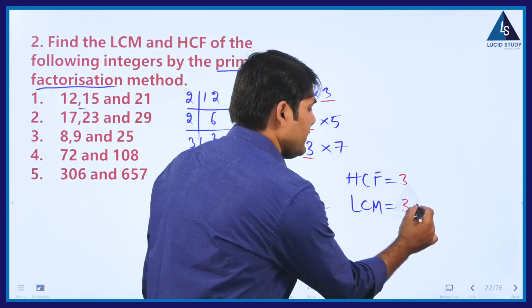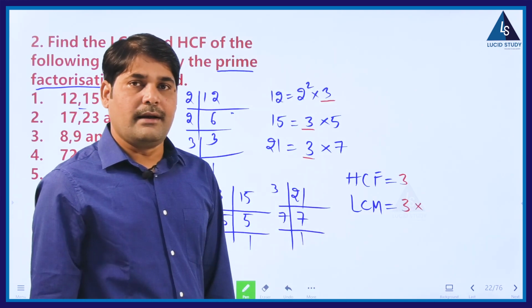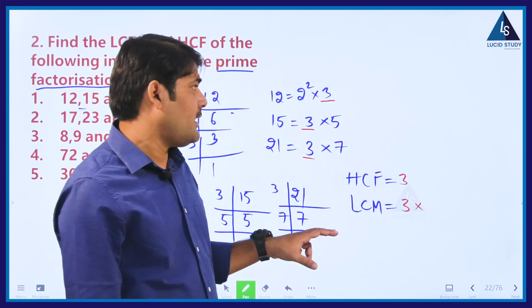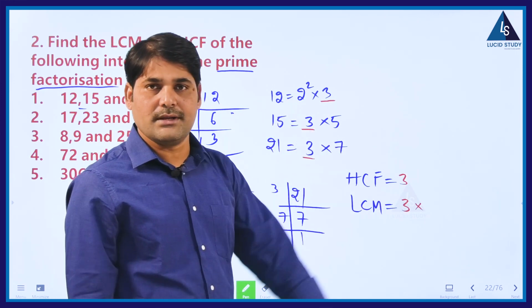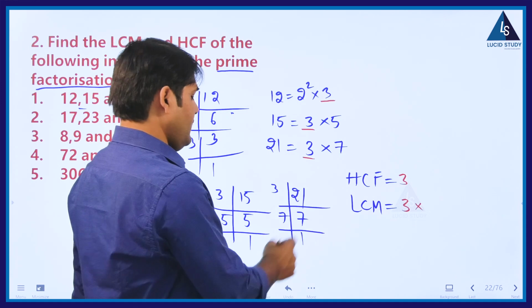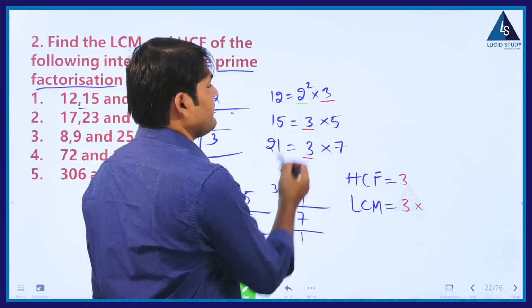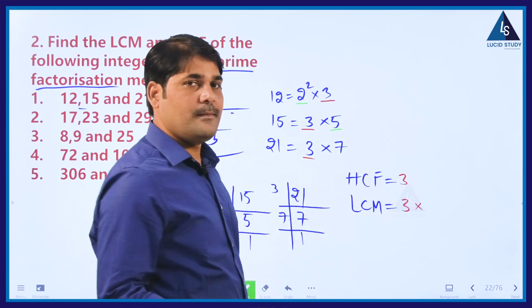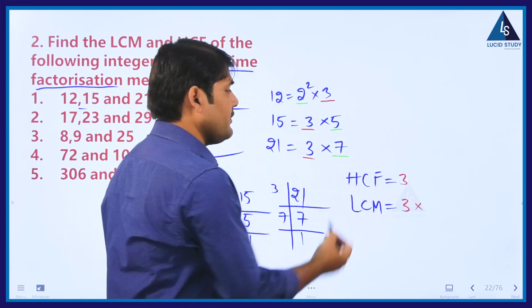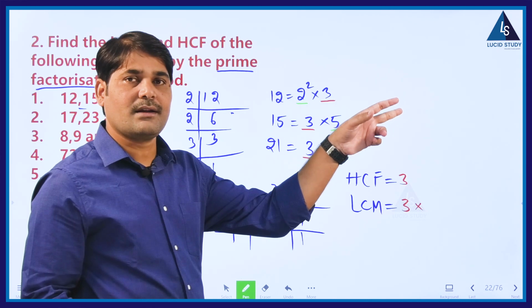So 3 into. Next, in LCM the special case is that we need to take whatever non-common things all together. What are the non-common here? See here, what are non-common? 2 square is not there everywhere. 5 is not there everywhere. Even 7 is not there everywhere. So non-common things we will write as it is.